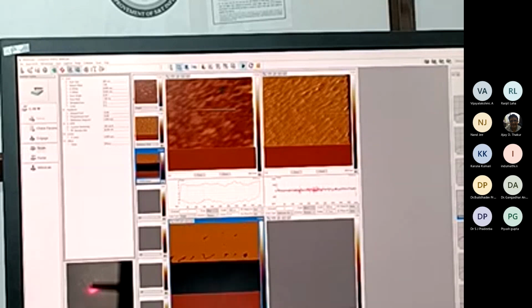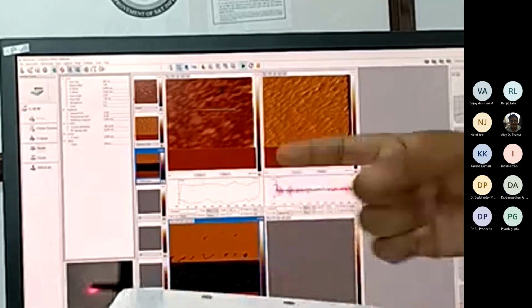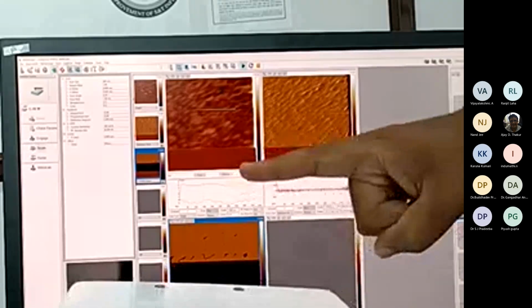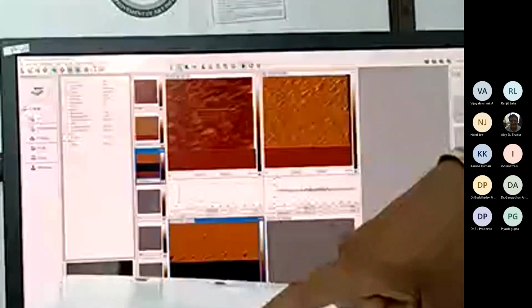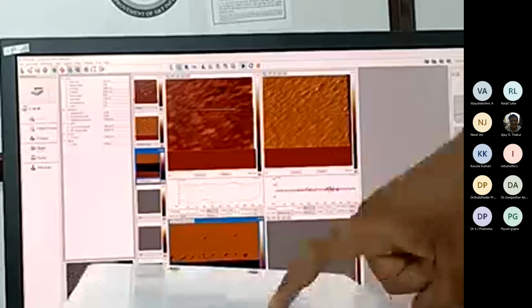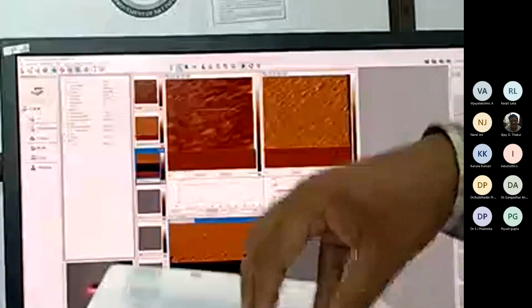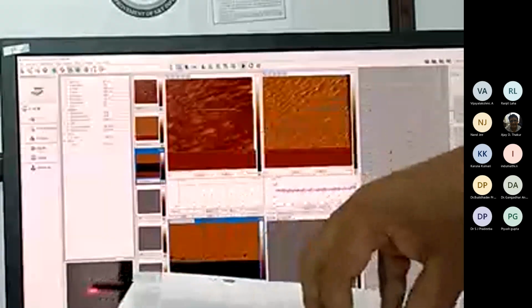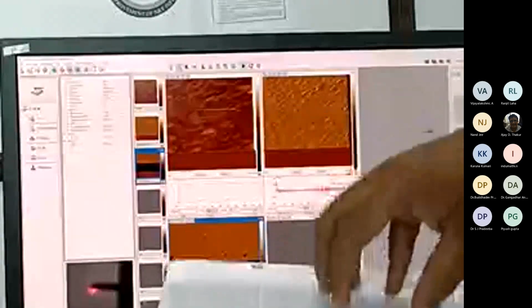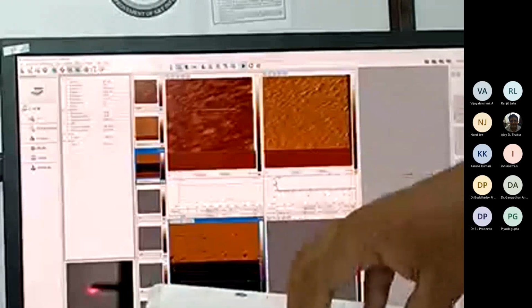Suppose our sample is conducting. In that case, we can put a conducting cantilever, touch, and take the IV. Suppose we have a quantum dot, maybe DNA or any sample of nanoscale dimension.